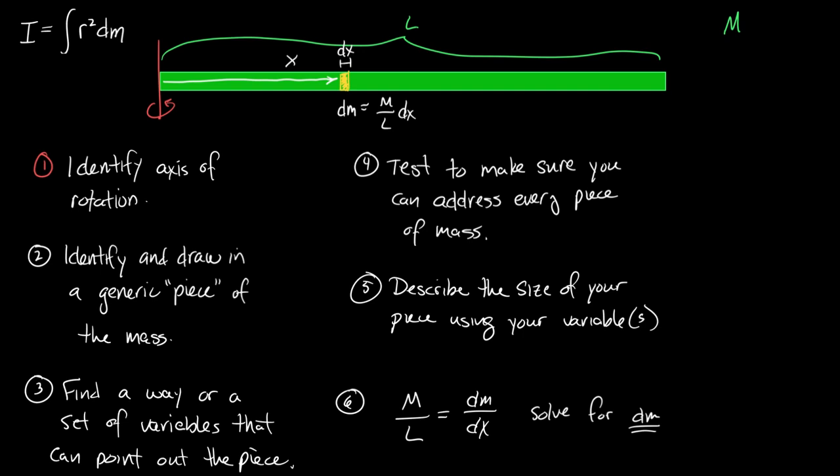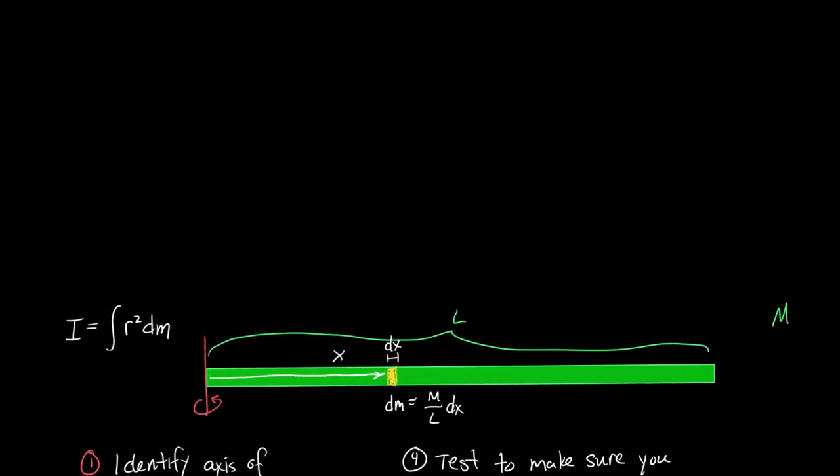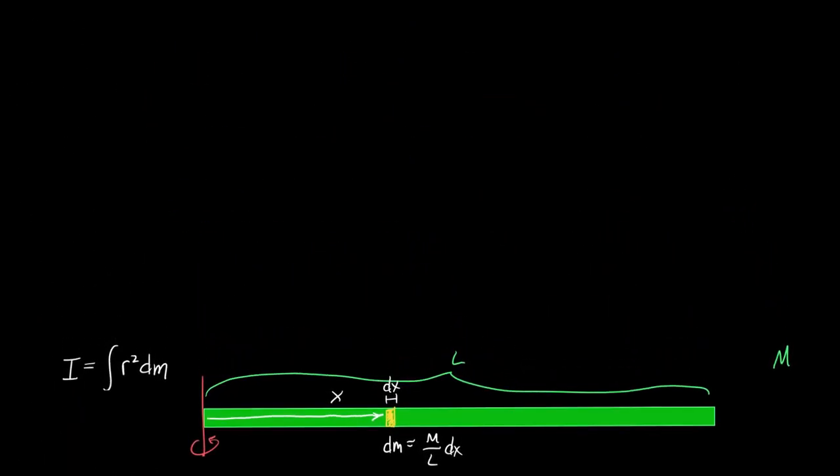All right. So here we go. We're going to finish the problem. Or try to. Now you need to assemble your integral. R represents the perpendicular distance from the axis of rotation to where our piece of mass is.